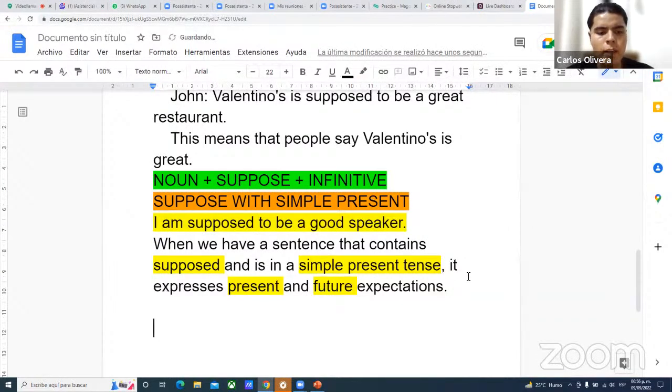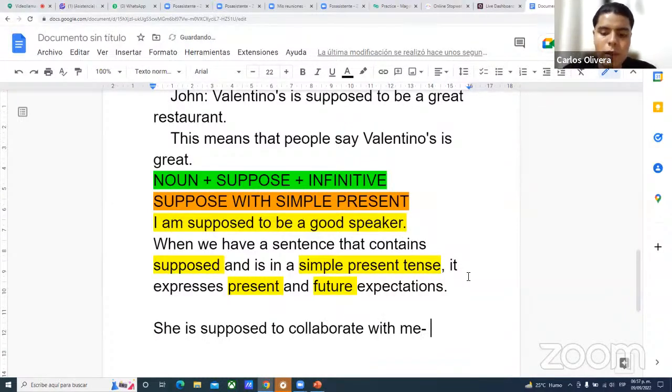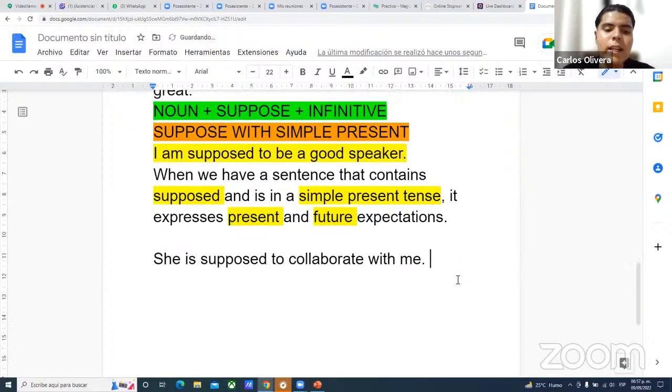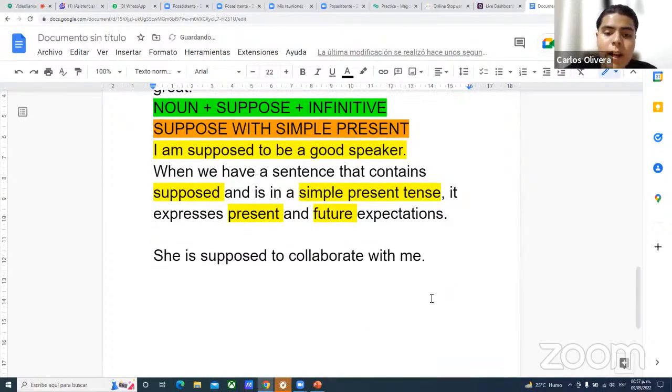Let me as well here write down some examples. She is supposed to collaborate with me. What does this sentence mean, Shirley? It means ella está supuesta a colaborar conmigo. And when I say this, I mean that we're going to change the name here, Mary.